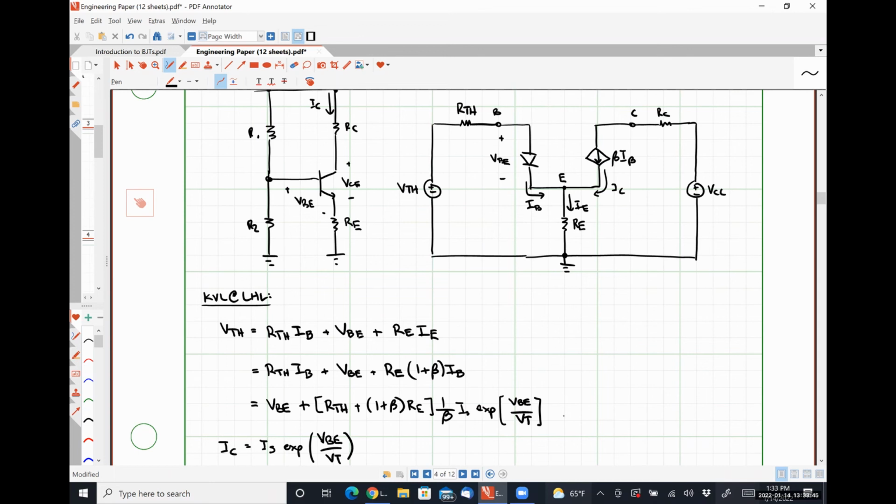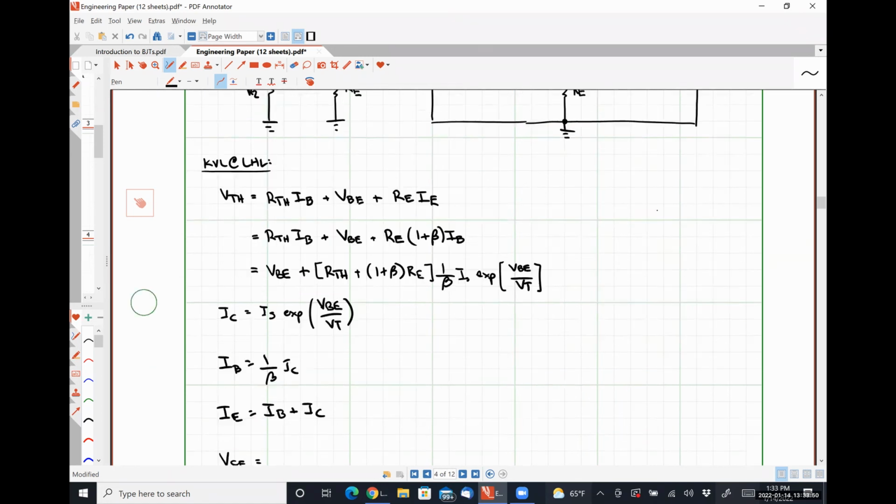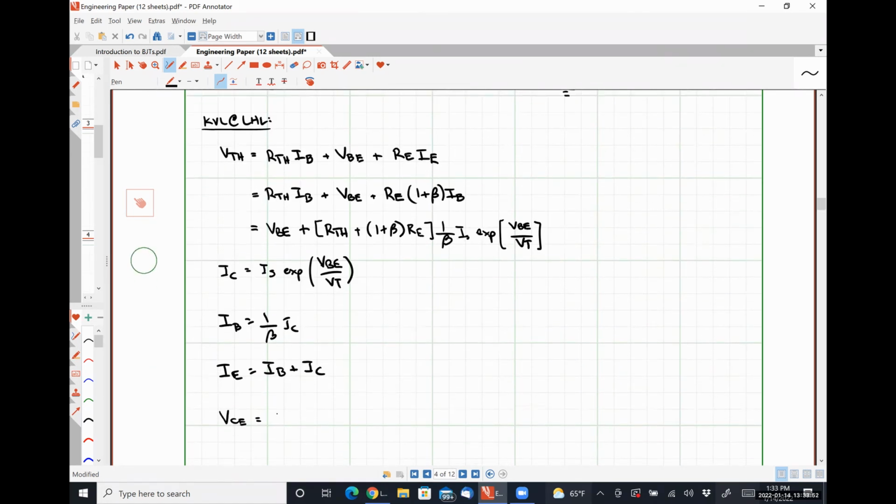So we're going to have VCE equal to VCC minus the voltage drop over RC, which is just RC times IC, minus the voltage drop over RE, which is just RE times IE. And if we wanted to simplify that a little bit further, but it's really not necessary once we know all of those other parameters, right?